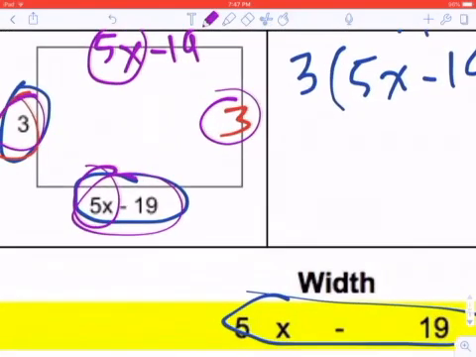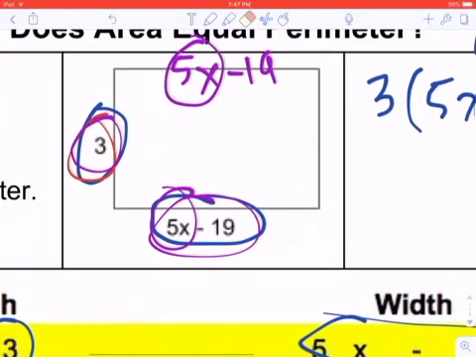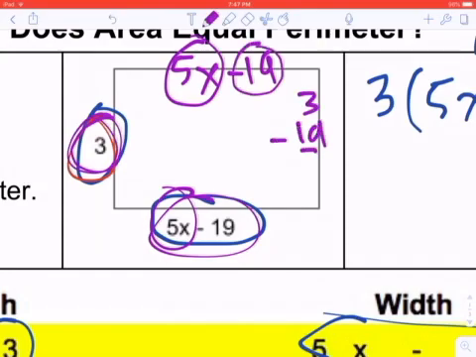So I've got a 3 and a 3. Let me just do it right here. So I've got 3 right there, then I've got negative 19 there, then I've got another 3 to go down this side, and then I've got another negative 19.